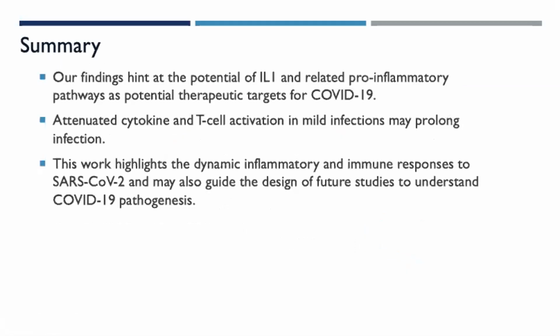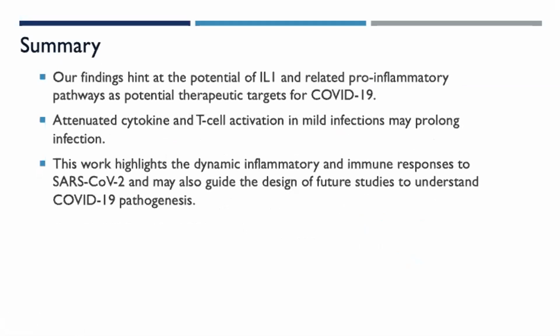So I think in summary, our findings hint at the potential of IL-1 as well as the related pro-inflammatory pathways as a potential therapeutic target for COVID-19. It also suggests an important role for T cells in COVID-19, as we saw that attenuated cytokine and T cell activation in mild infections could actually lead to prolonging of infection.